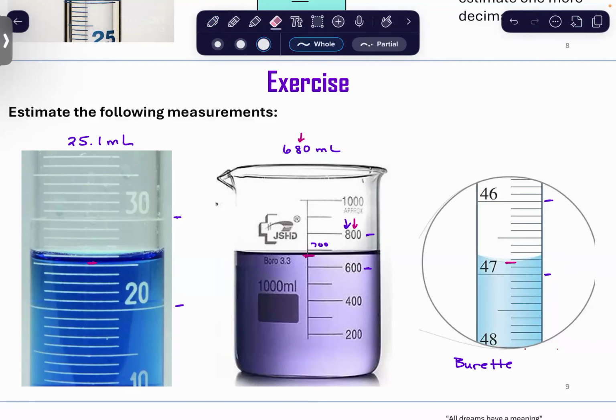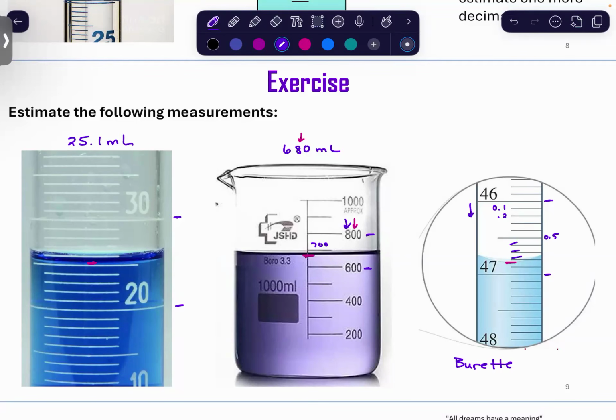Okay, so burettes, you're supposed to read this way. Okay, so there's your 46.1, 0.2, so on and so forth. There's your 46.5. And so you have 6, 7, 8.